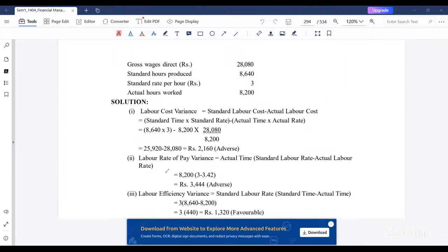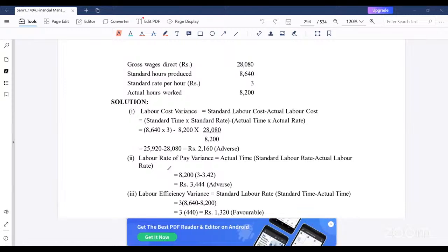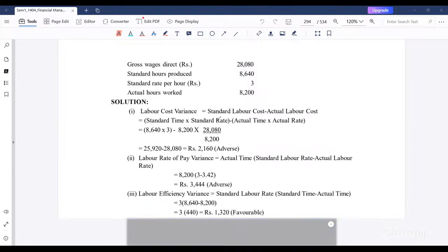Next, labor rate variance. Whenever you calculate the rate variance, the standard rate and the actual rate should be applied to the actual time. So standard labor rate is 3 rupees, and the actual rate we just found is 3.42.